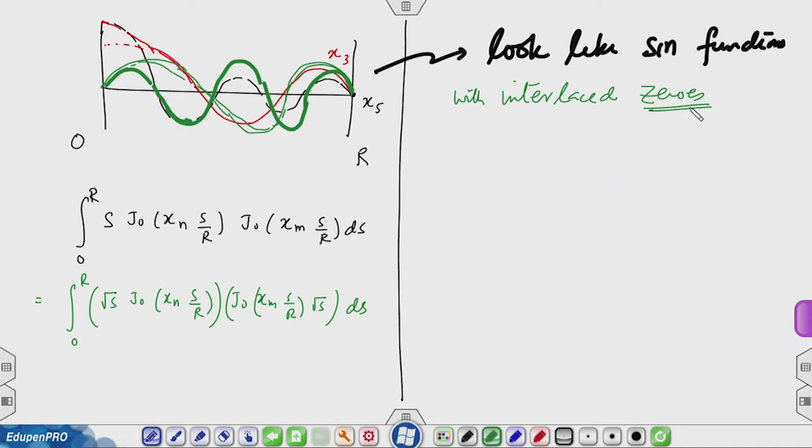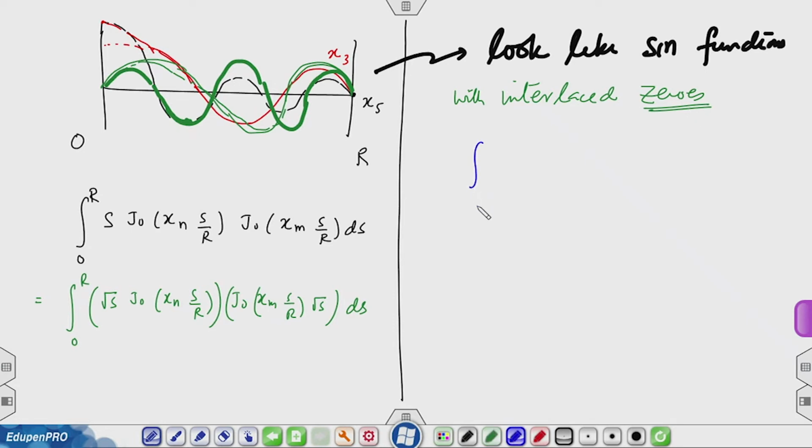So, they had better be orthogonal. Two sine functions with different number of zeros in between are orthogonal. So, that's how you can sort of visualize geometrically how these wave functions are orthogonal. And this is one property we are going to use.